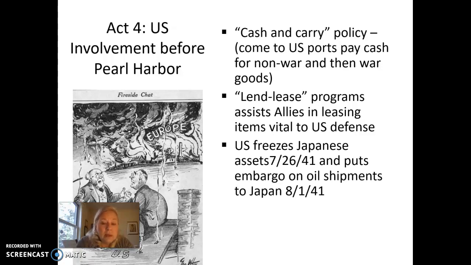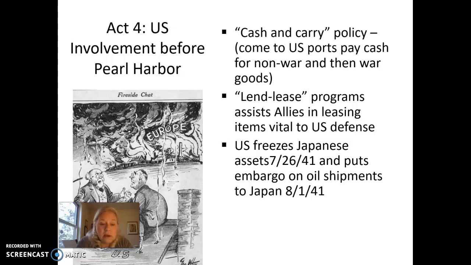Now, as you may or may not know, Japan had a number of assets in the United States prior to its attack on Pearl Harbor. First of all, the U.S. freezes Japanese assets on July 26th of 1941.